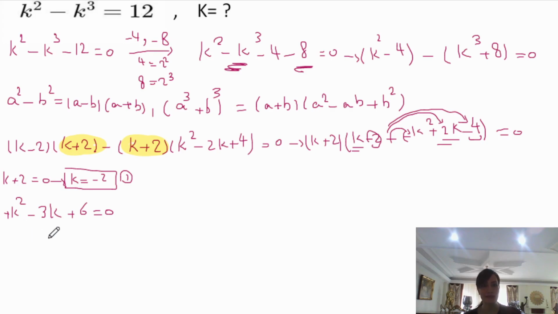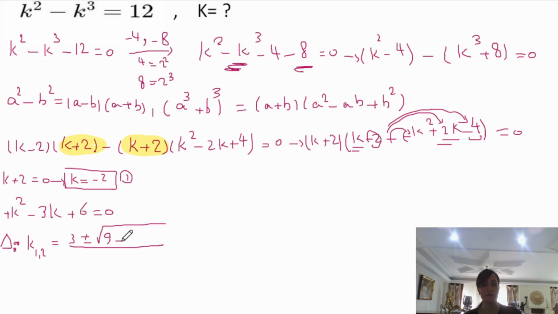For the discriminant method, I will have k, the two roots k1 and k2, equals negative b. b here is negative 3, so negative b is 3, plus or minus the square root of b squared, which gives me 9, minus 4 times a times c. a is 1 and c is 6.